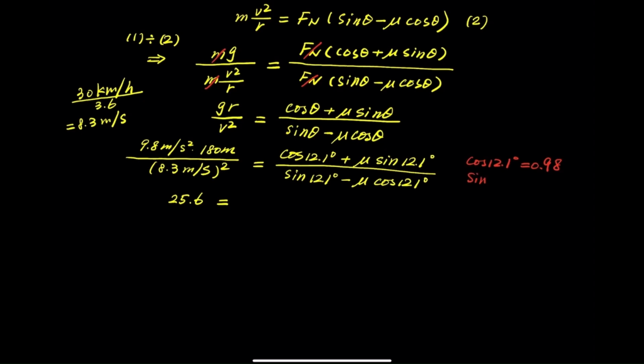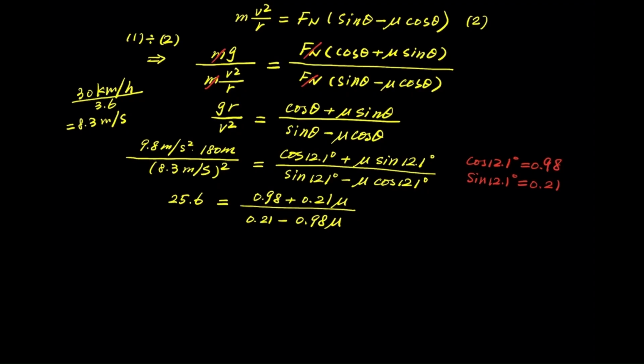It equals cosine 12.1 degrees, which is 0.98, sine 12.1 degrees, which is 0.21. So we have 0.98 plus 0.21 mu over 0.21 minus 0.98 mu.